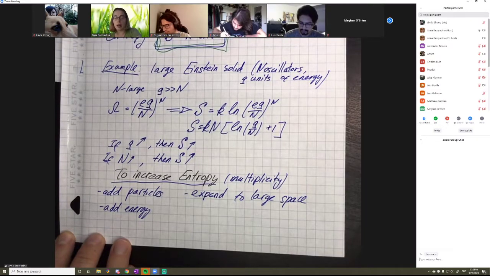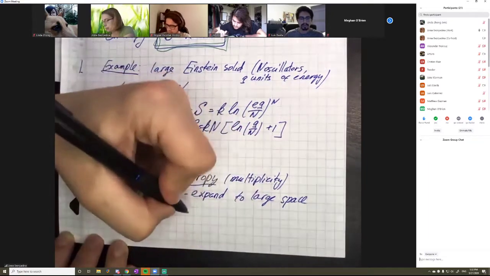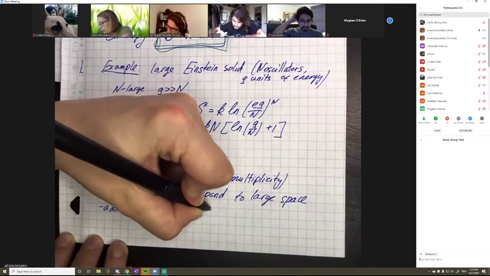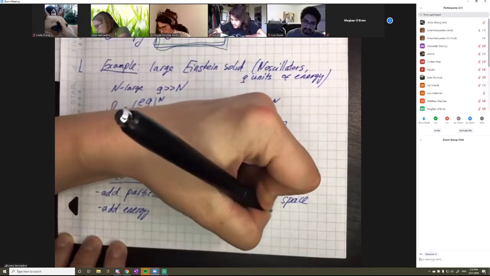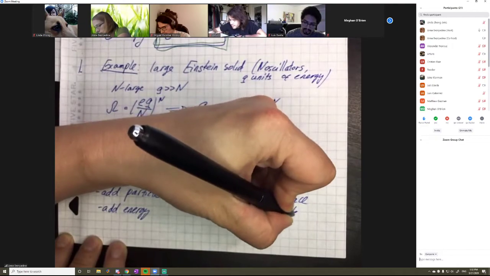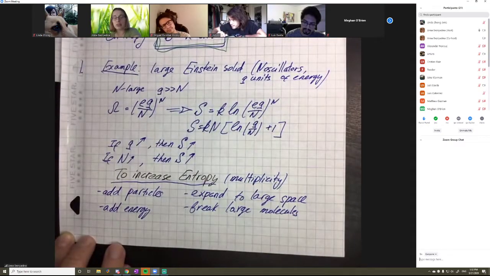We can break larger molecules. If we have large molecules and we break them up, now we have more particles. And we can mix substances together.